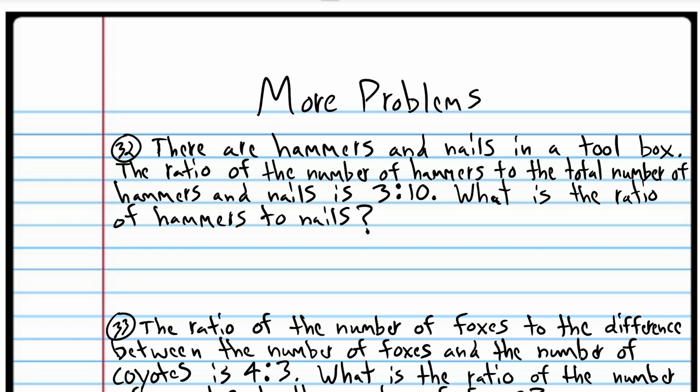So this problem is different because we have number of hammers and number of nails. Those are different units. But to be honest with you, most high school students and middle school students and college students, and like I said, even teachers are unaware that ratios are supposed to have the same units, so it's not really that important for you to remember. And most people don't know and don't care. But I just want you to be aware that technically ratios are supposed to have the same units.